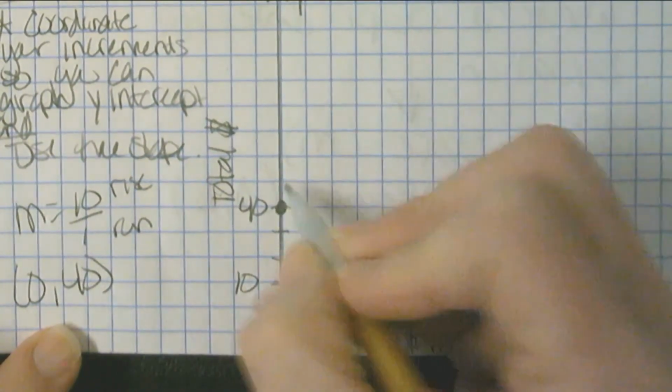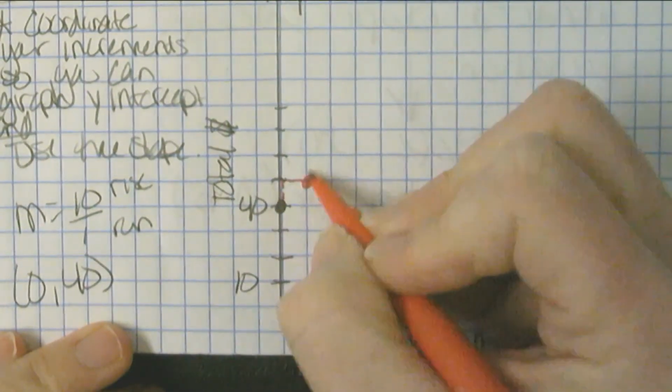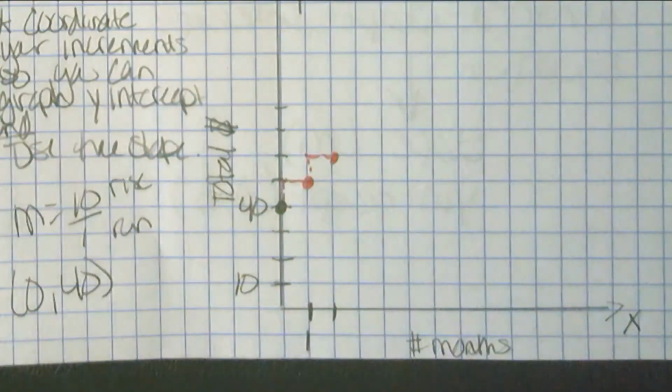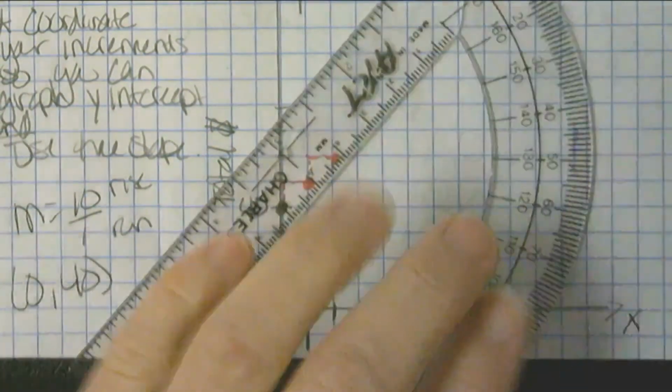So 10, 20, 30, 40. Here's my 40. I'm going to put a couple more of them on there. I'm going to go up 10 to the right 1. Up 10 to the right 1. So you really do need to pay attention to what you counted by. My slope is a rise of 10, but I counted by 10, so I'm only going up 1 increment.